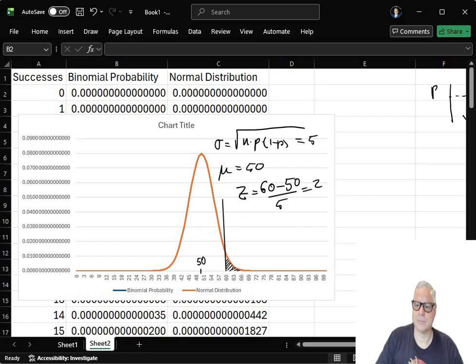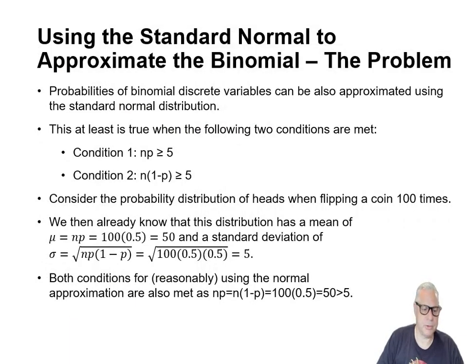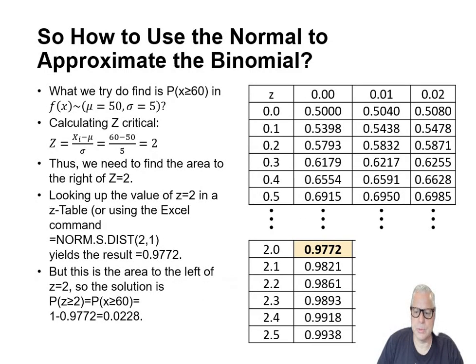Okay, so the area to the right of 2, we can go here to a z-table, and you can see that in a z-table we typically get the area to the left of a z-score. So here we have 0.9772.